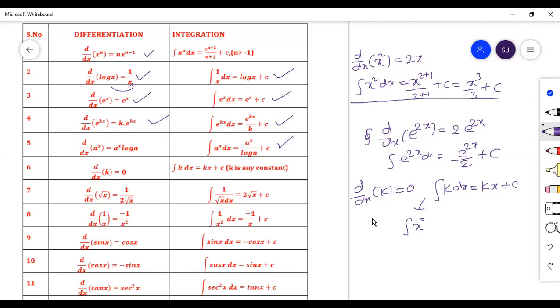For example, if k is there, can I write k into x power 0? x power 0 is 1, correct? That is k into x power 0 into dx. What is the integration formula of x power n? x power n plus 1 by n plus 1. That is 0 plus 1 by 0 plus 1, so k into x power 1 by 1 plus c. That is equal to kx plus c.